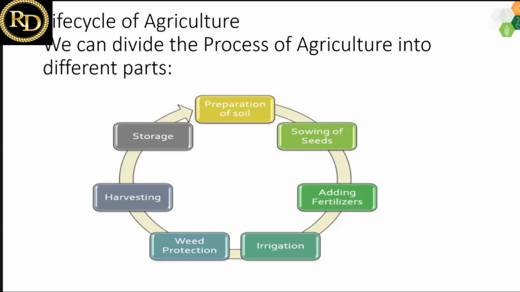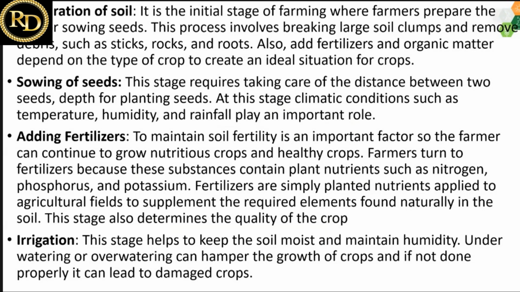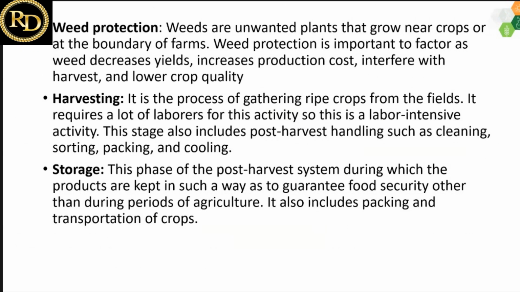Then adding fertilizers: what optimum fertilizer doses are they using or not using, and irrigation and weeding. So this is the whole crop life cycle, and everywhere we encounter risks. These are all known to most of the students, and then production, harvesting, storage.